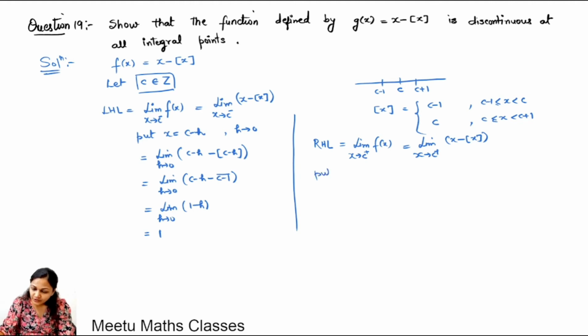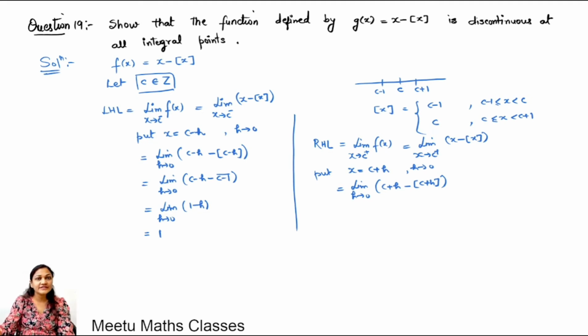Now if you put x equals c plus h, where h tends to 0, your limiting value will become limit h tends to 0 of c plus h minus greatest integer function of c plus h, and to the right of c, your greatest integer function will be c only. So this will become c plus h minus c, c will cancel out and you will get right hand limit as 0.